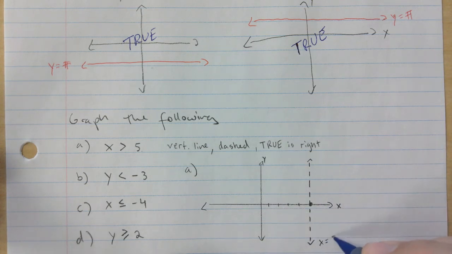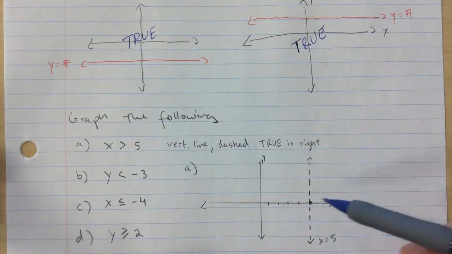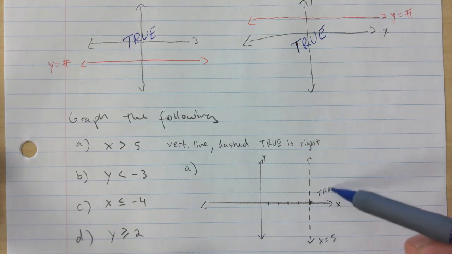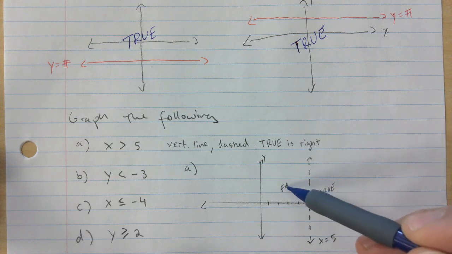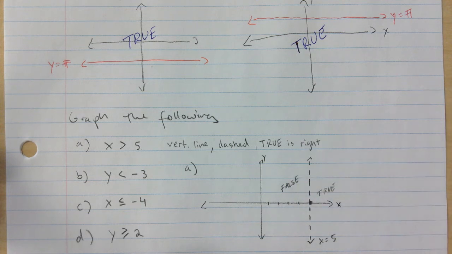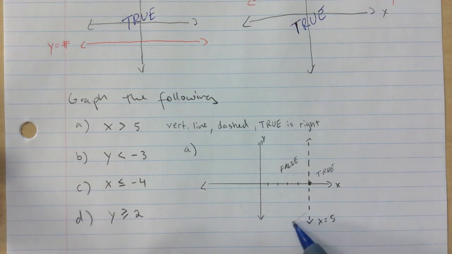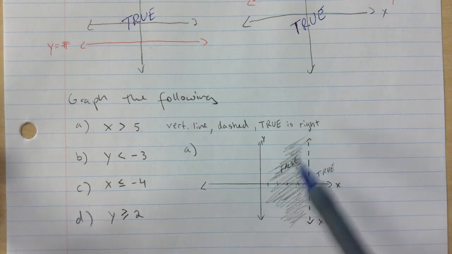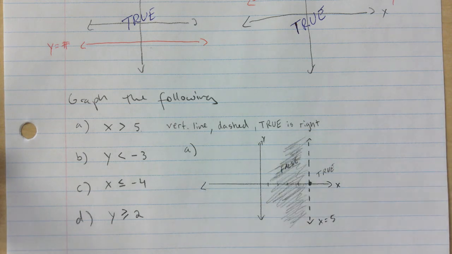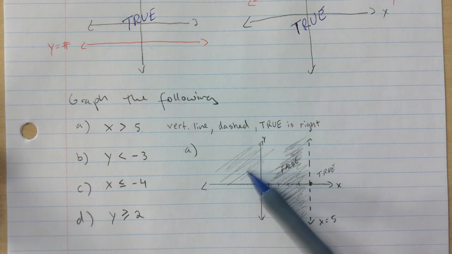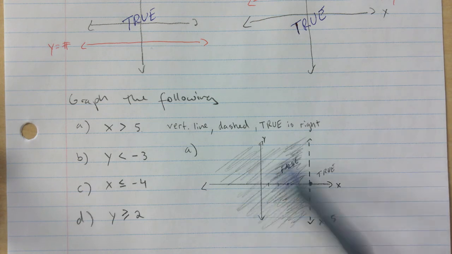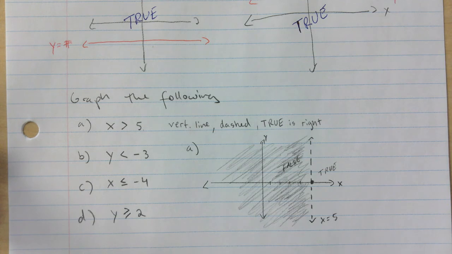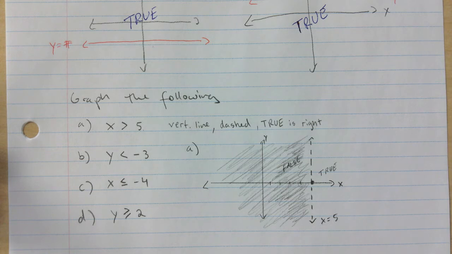This is the line x equals 5. And true is right here. And this is false. If we're using reverse shading, we want the false region to be shaded. And so we would shade this. Actually, everything to the left, right? Everything to the left is all false. So technically you can continue shading indefinitely, right? So that's how you would do A.